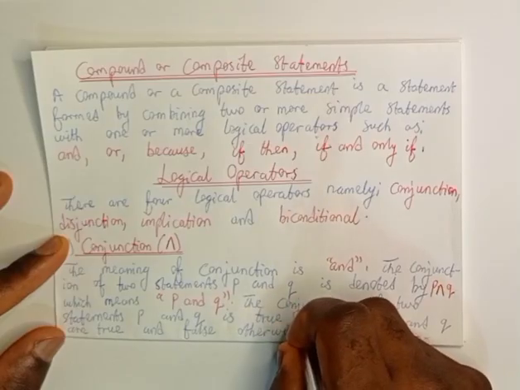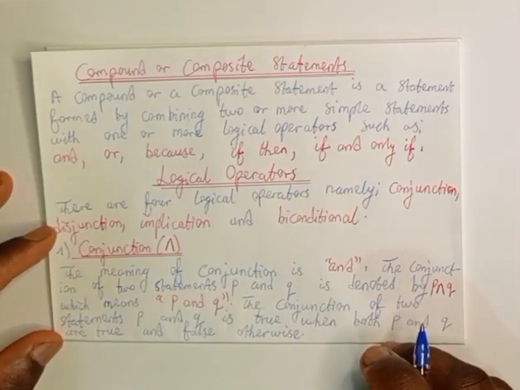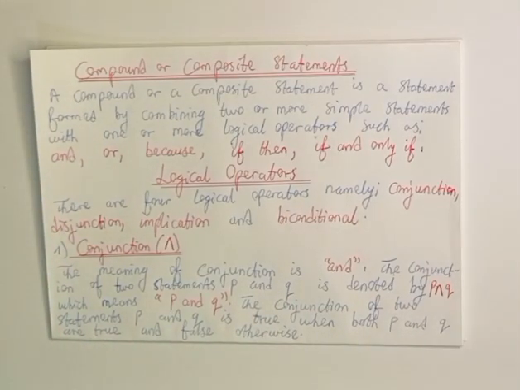That means when either P is false or Q is false, or both P and Q are false, the conjunction of the two statements is false.